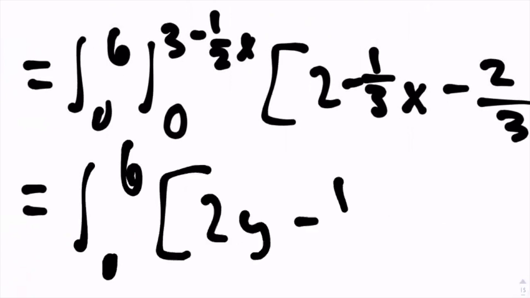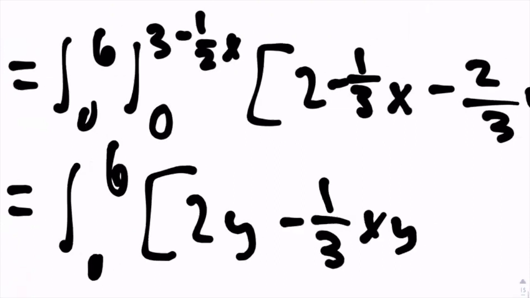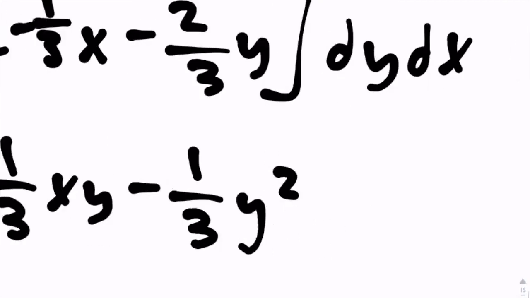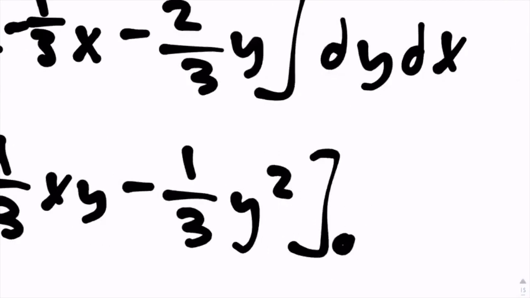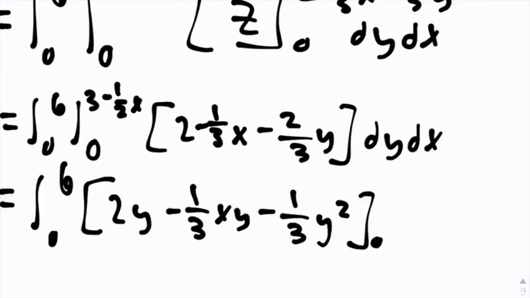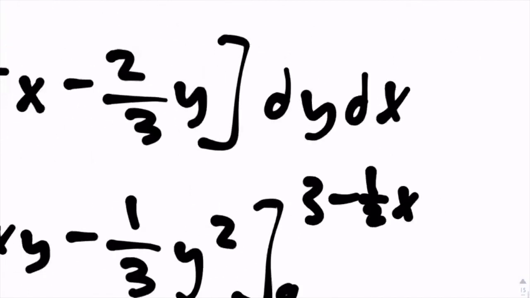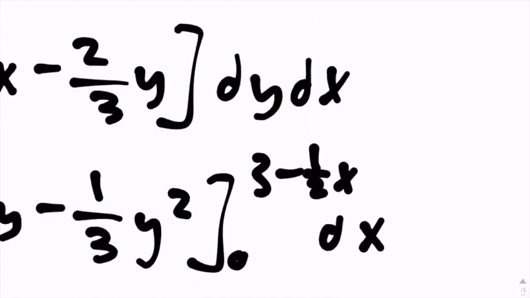2y minus 1/3 xy, since x is just a constant in this respect, and we know the integral of y is 1/2 y squared. 2/3 times 1/2 is just 1/3, so 1/3 y squared from 0 to 3 minus 1/2 x dx.